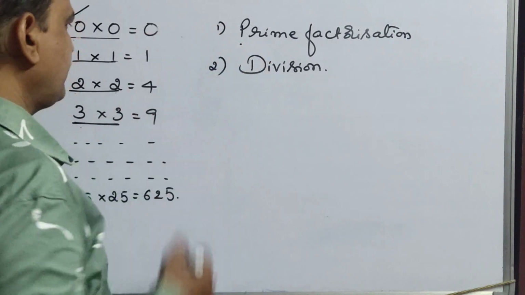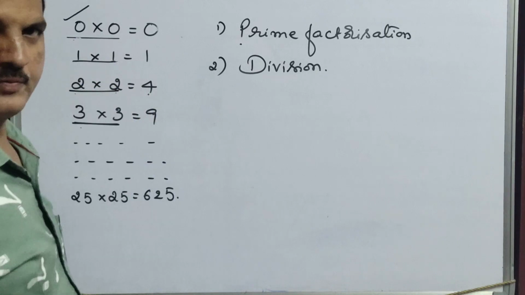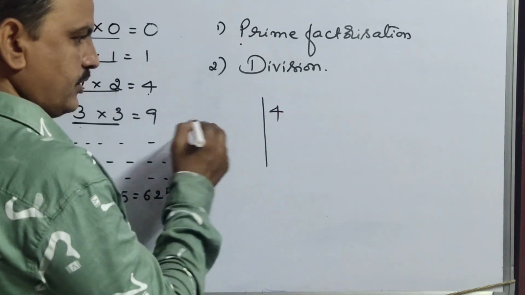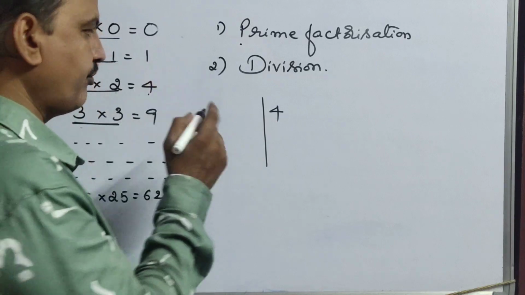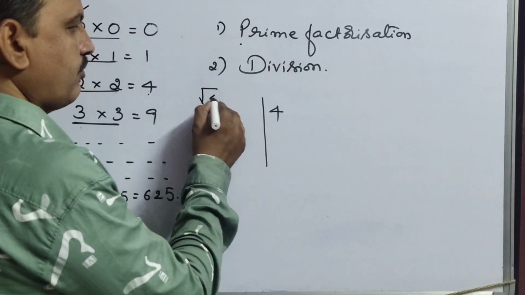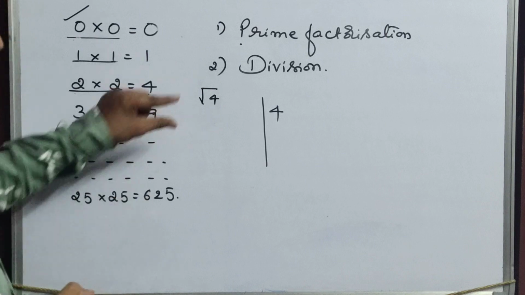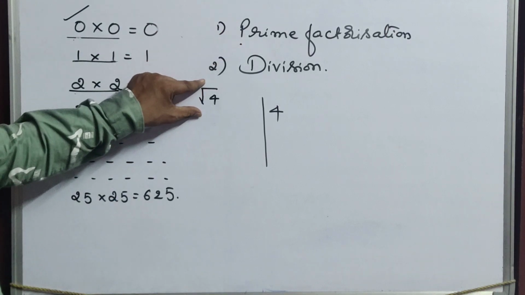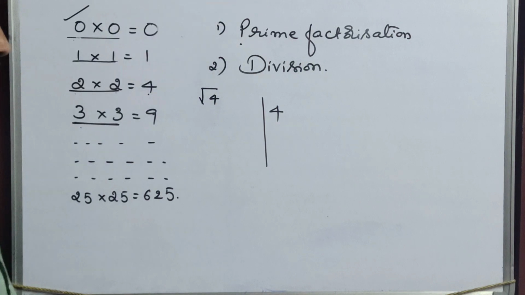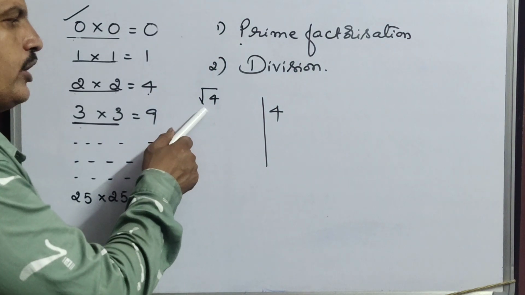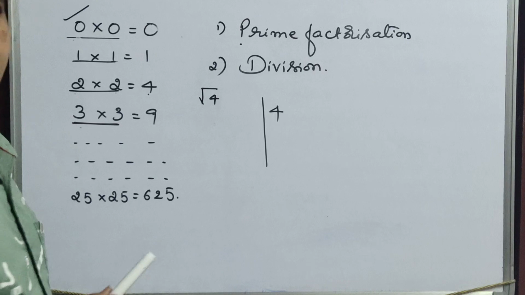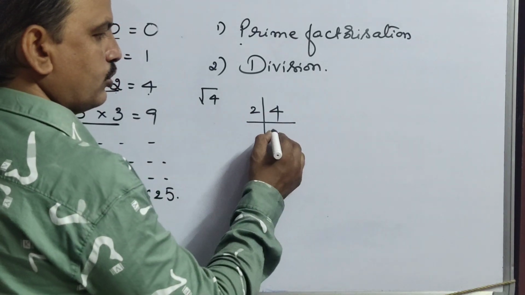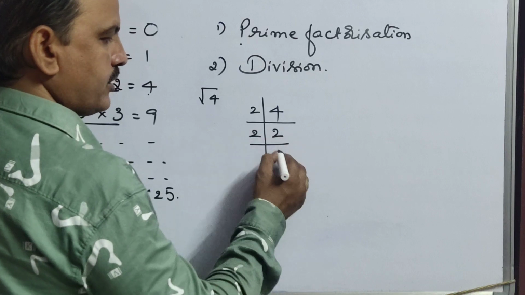Suppose you take 4. My question is to find the square root of 4 by using the prime factorization method. See here, 2 twos are 4.